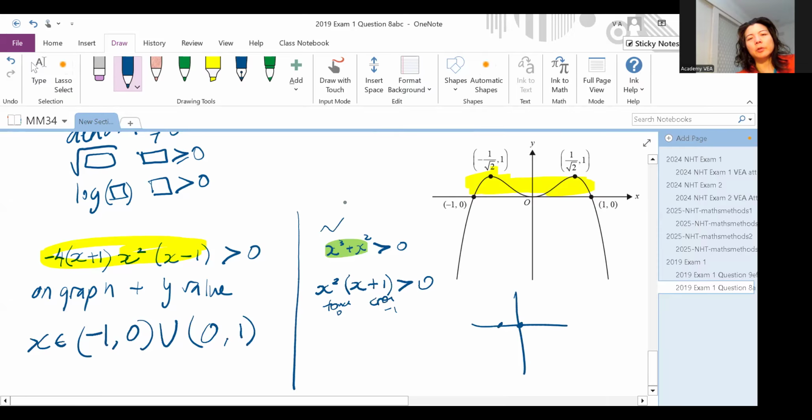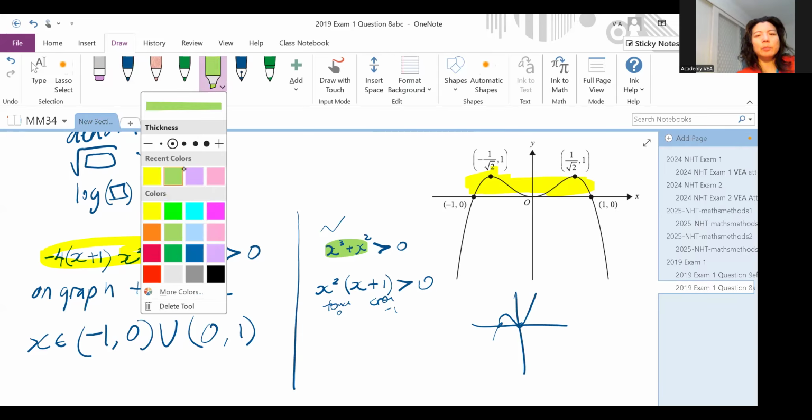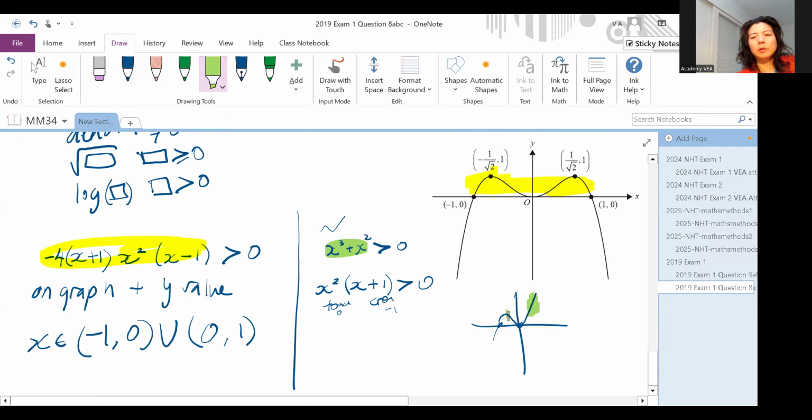And the shape of it is positive, so it's going to go like so. And so if you look at this one, the y values are positive for these areas here. That's the graphical approach. So you could have x between -1 and 0, but not including the endpoints, and also greater than 0.